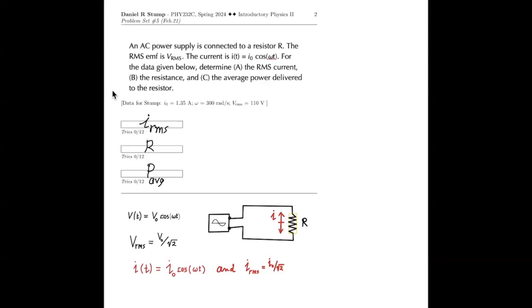Sometimes this is the positive terminal and this is the negative terminal. Half a cycle later, this is the negative terminal, this is the positive terminal. So it switches back and forth from positive to negative. That's an alternating voltage difference. And that produces an alternating current around this circuit.